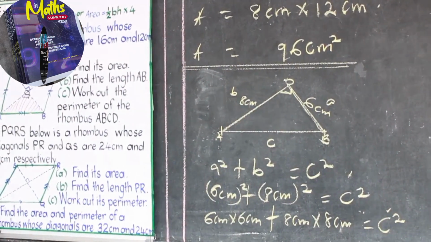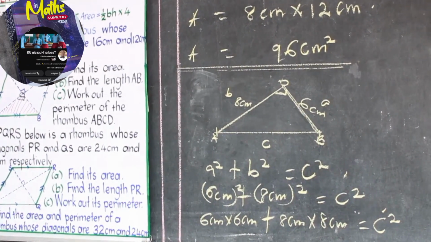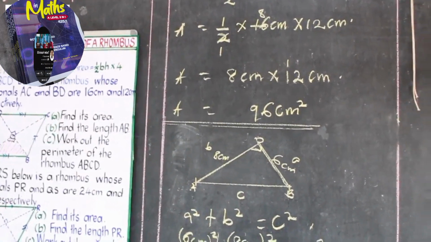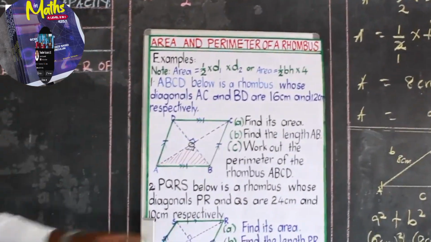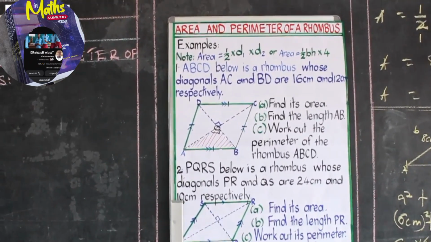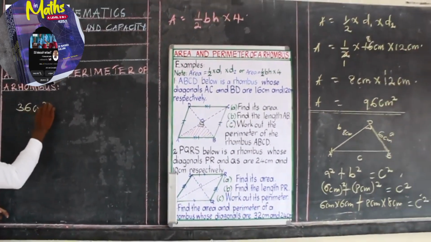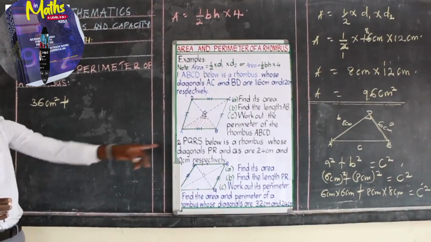Class, I hope you are all there. I want to take you back here. We've ended at 6 times 6. 6 times 6, class, we shall get 36 square centimeters plus 8 centimeters times 8 centimeters.